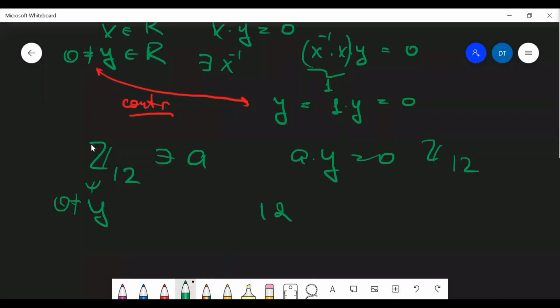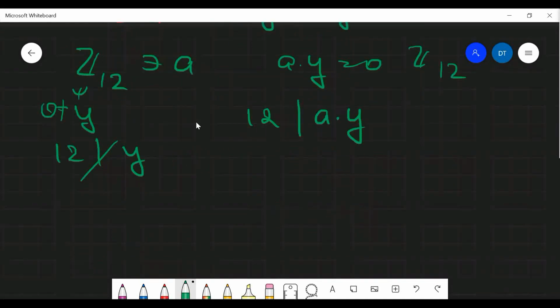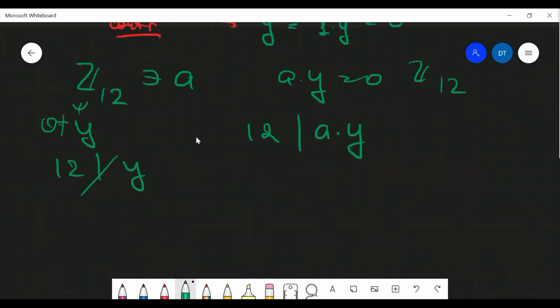It means that 12 divides a times y. But what does it mean that y is not 0 in Z12? It means that 12 doesn't divide y. So how do you find all those a with this property?